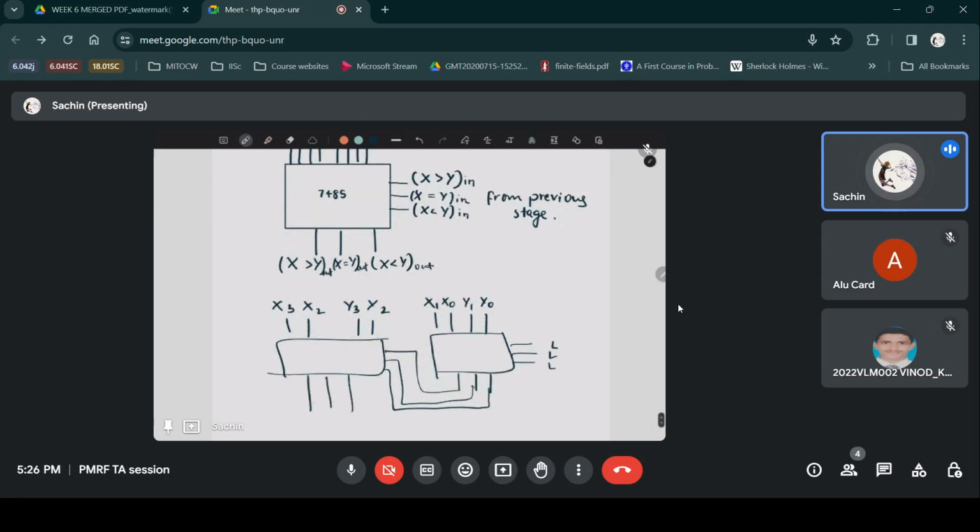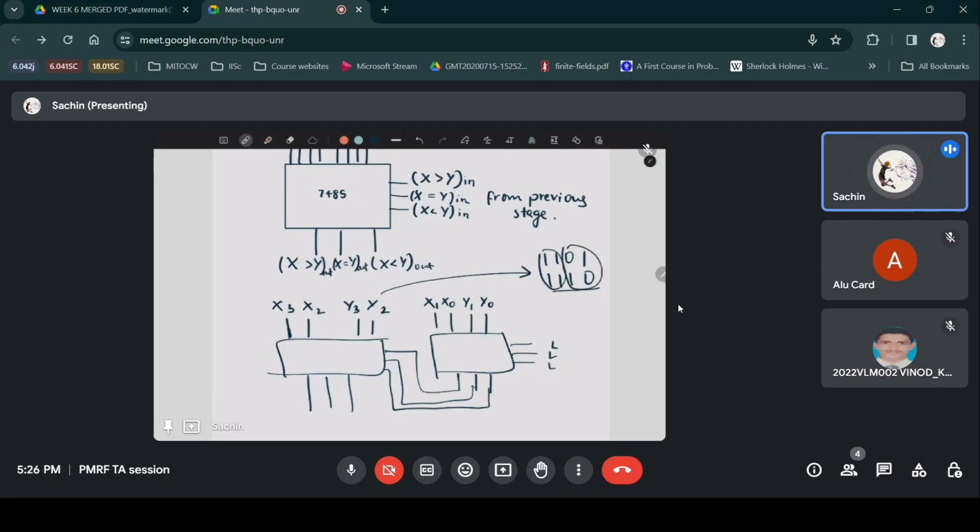So now it will check whether the two bits from left to right from the MSB are equal. For example, if you have 1101 and 1110, then this comparator will check these two bits. Since both are equal, it will use these inputs that you have, and those inputs are nothing but the output of the first comparator.